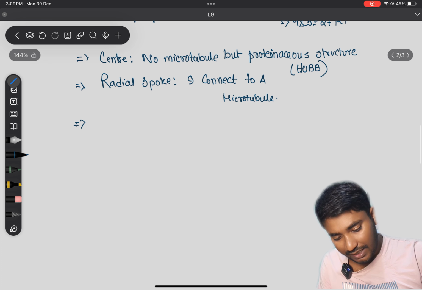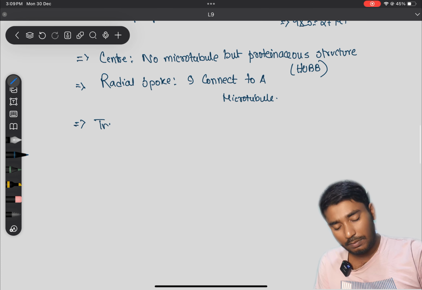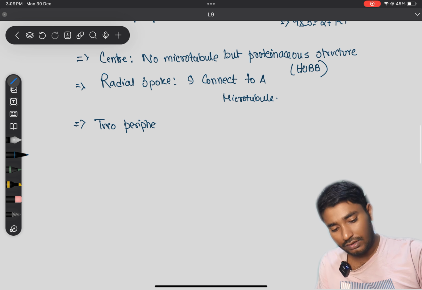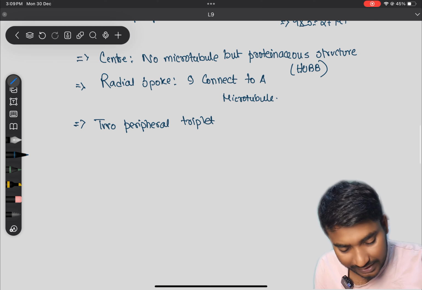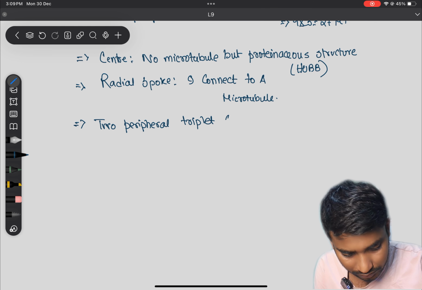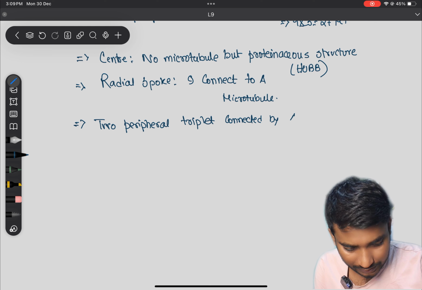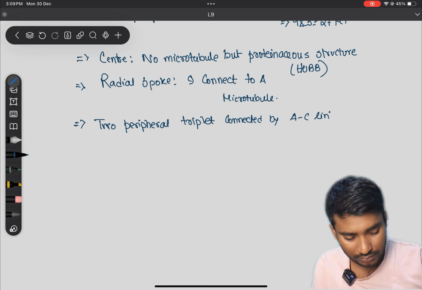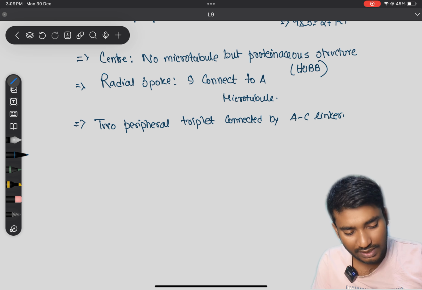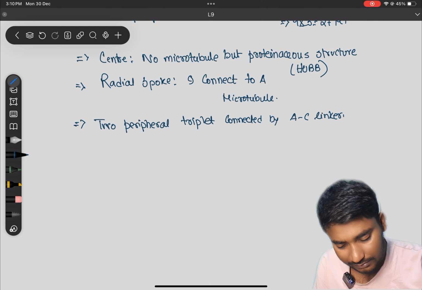Two peripheral triplets are connected by an A-C linker.